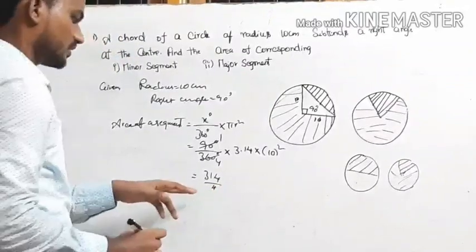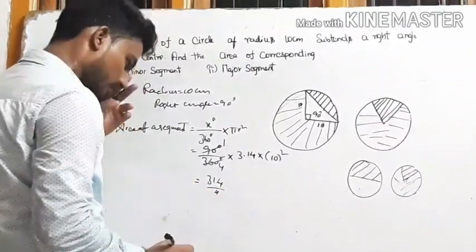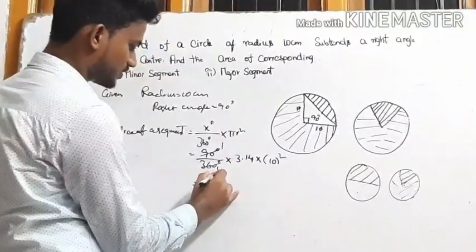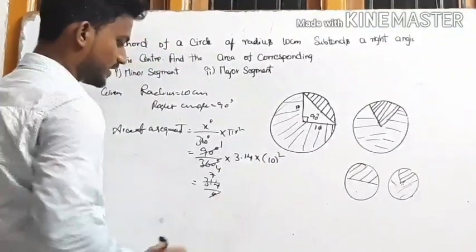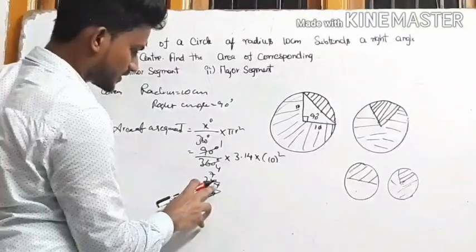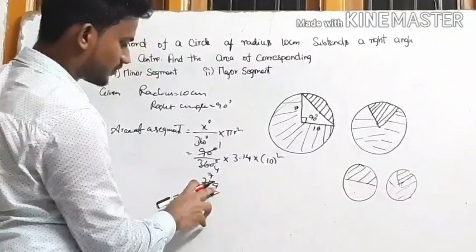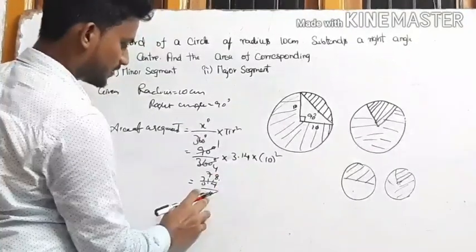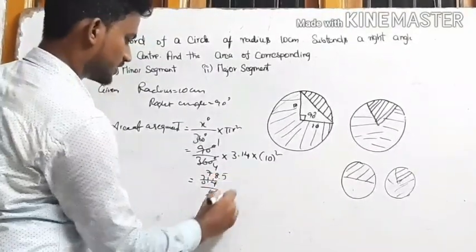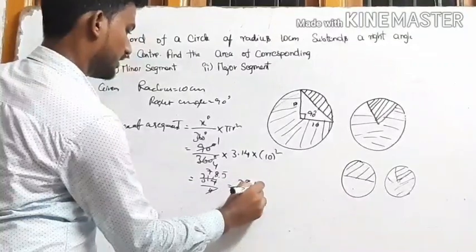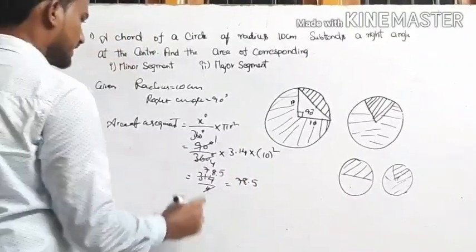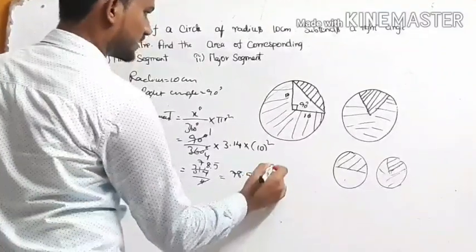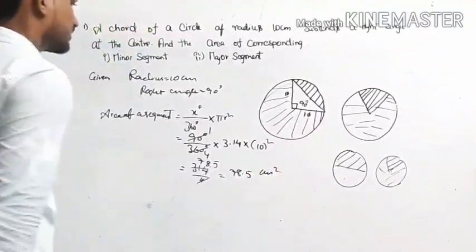Dividing 314 by 4 gives 78.5, which is the area of the segment. The area is in centimeter square.